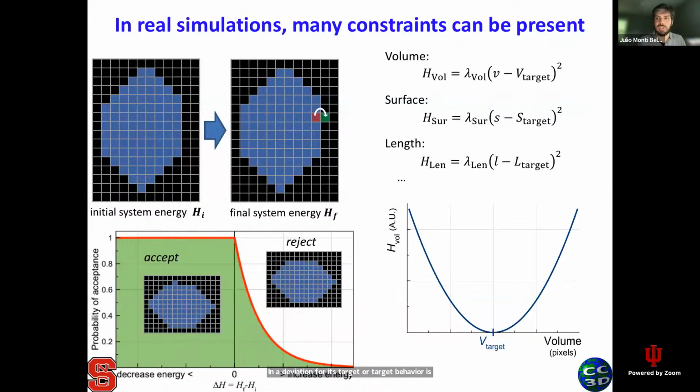And then what CompuCell does is sum the contribution of the small energy difference for all those terms, and that's going to decide whether your pixel flip is positive or negative, and whether it's going to accept or reject, okay?